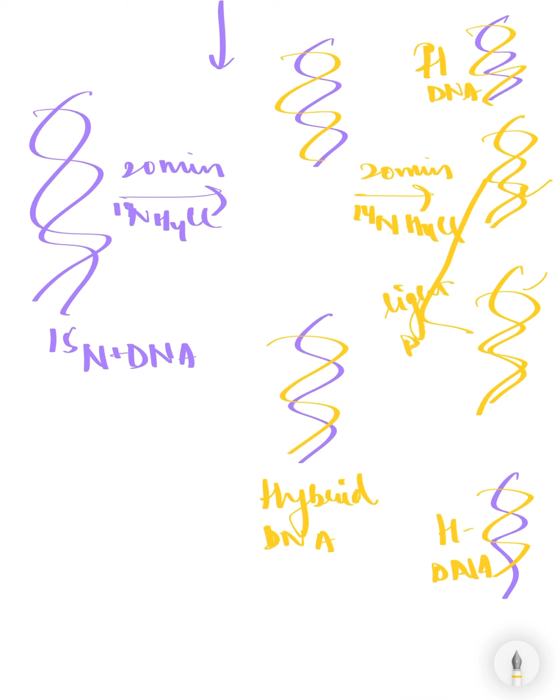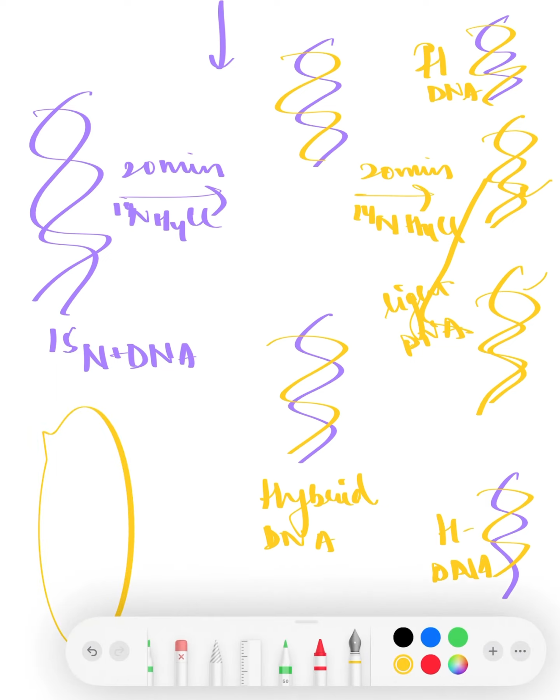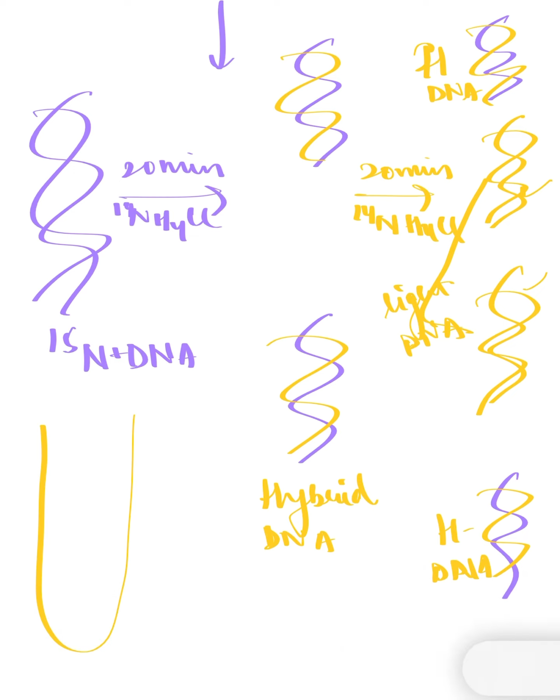Let me show you how we will be able to see this in the test tube. Here we'll have the light DNA in the cesium chloride medium. This is the intermediate DNA or the hybrid DNA.